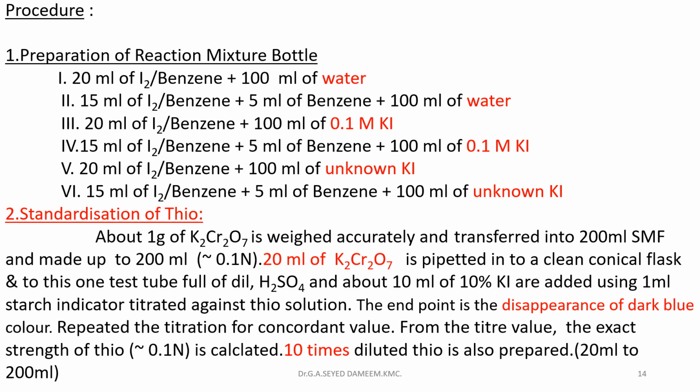In bottle 4, 15 ml of iodine benzene, 5 ml of benzene and 100 ml of 0.1 molar KI solution. In bottle 5, 20 ml of iodine benzene and 100 ml of the given unknown KI solution. In bottle 6, 15 ml of iodine benzene, 5 ml of benzene and 100 ml of the unknown KI solution. All are taken in the various bottles.